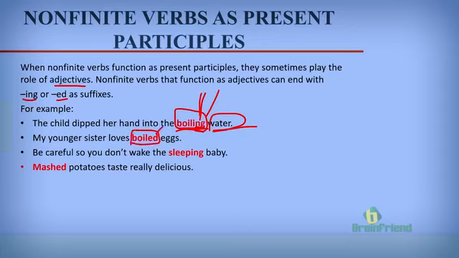Boiled here is also a verb because of the suffix ed. Only verbs can take the suffix ed to show past tense. But here, the verb boiled functions as an adjective because it describes the noun eggs. Boiled eggs. You can as well say fried eggs.